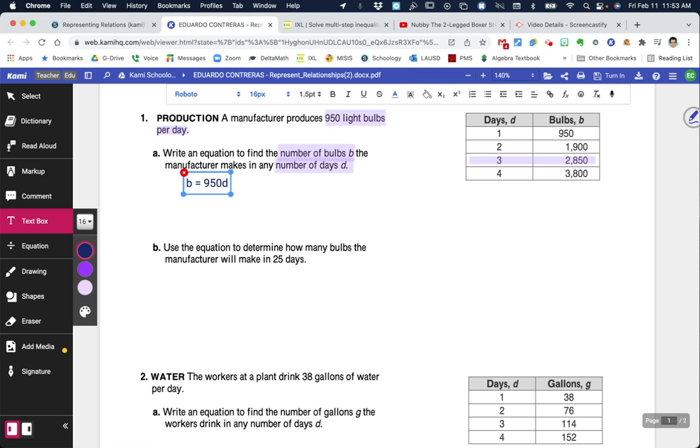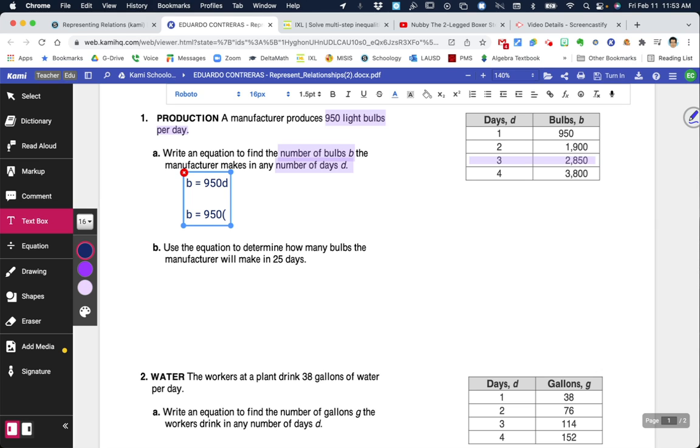Hopefully that should give us how many total light bulbs you have. Let's test it out. What I'd like us to do is plug in one of our numbers like 3. That's why I highlighted this row. We're going to replace D with 3 and check and see if we do the math, do we get 2,850? Let's try it out. B equals 950.